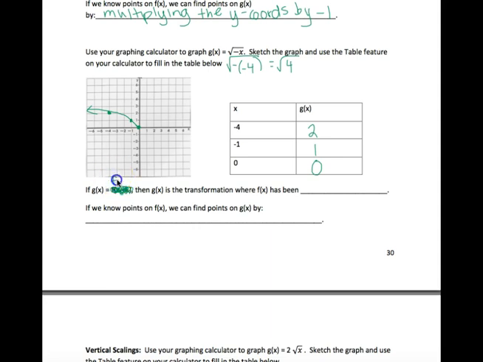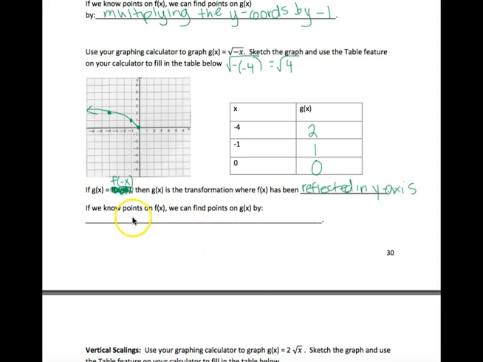This would be f of the opposite of x, because that's what we did here. We replaced what was a normal x in the parent graph with the opposite of x. Then g of x is the transformation where f of x has been reflected in the y-axis this time.